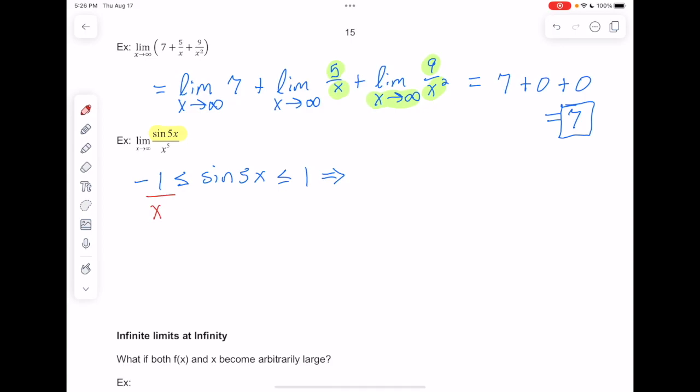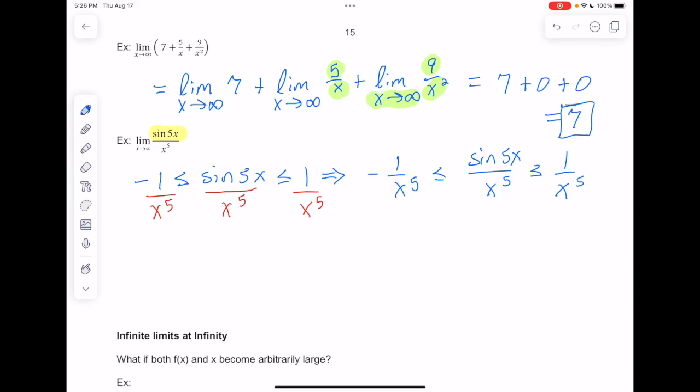And that will be dividing by a positive quantity, so it won't flip around or change the direction on any of those inequality symbols. So we would end up with -1 over x to the fifth is less than or equal to sine of 5x over x to the fifth is less than or equal to 1 over x to the fifth.